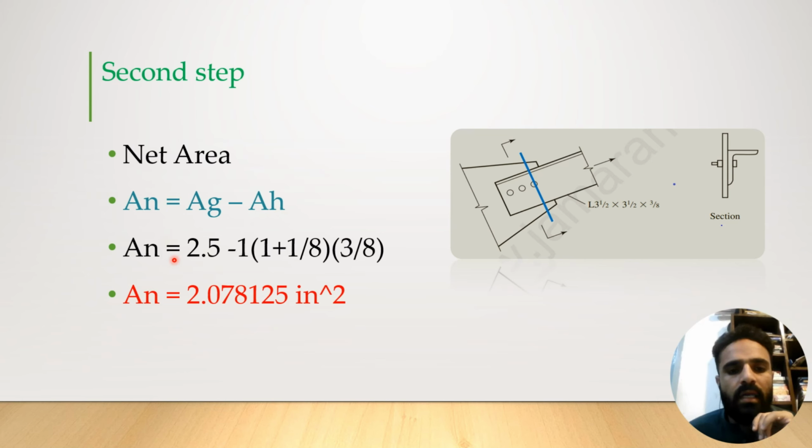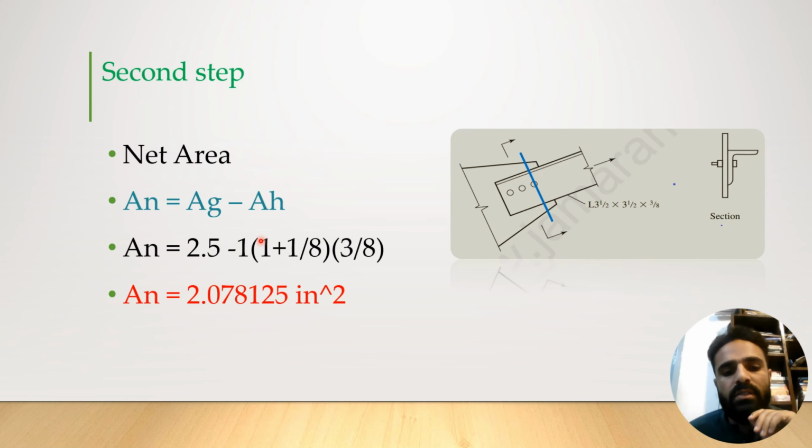So here the net area is this: 2.5 is the gross area, minus how many bolts are in the failure plane? Only one bolt is in the failure plane. So 1 into the diameter of the bolt, which is 1 inch, plus 1/8 as the tolerance. We will add the tolerance of the bolt.